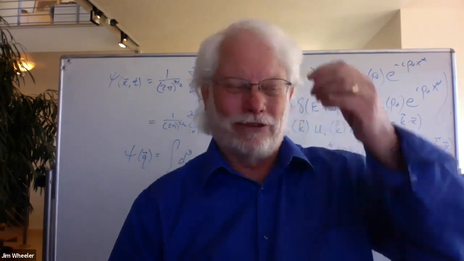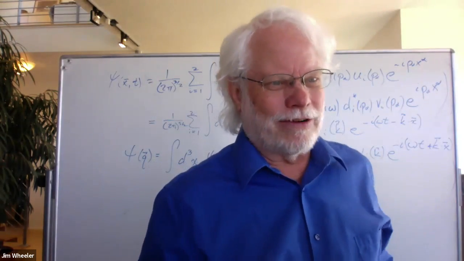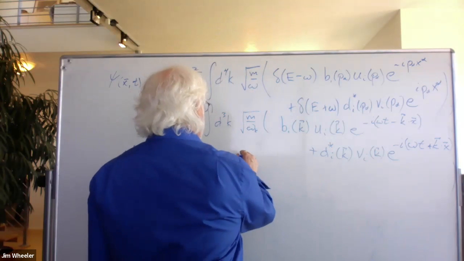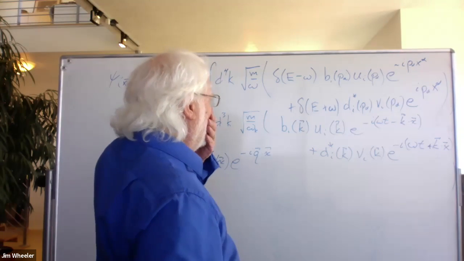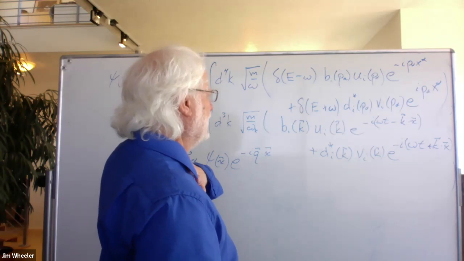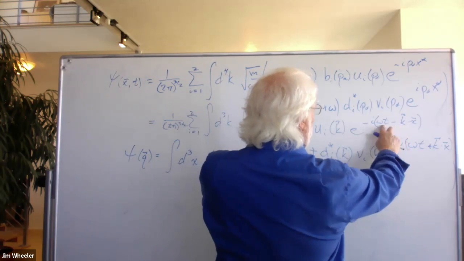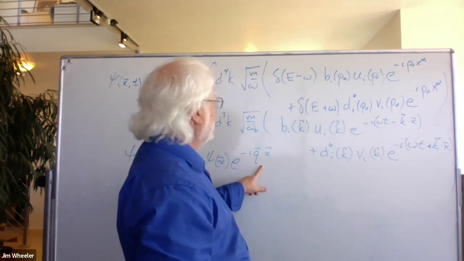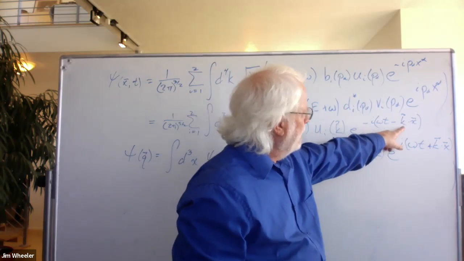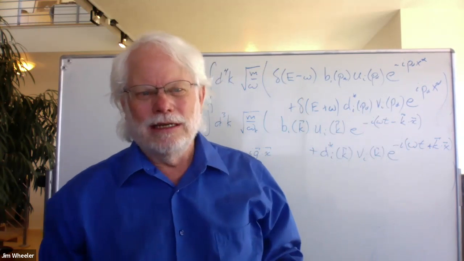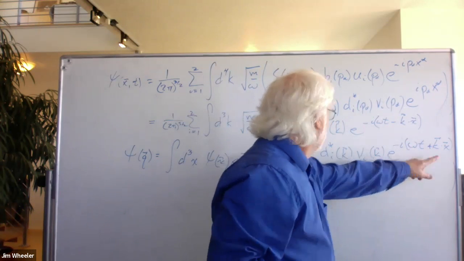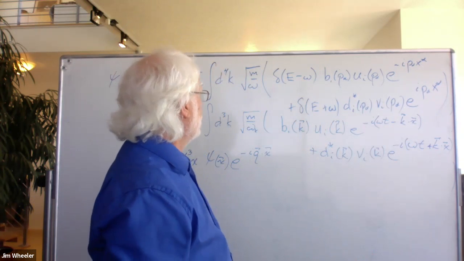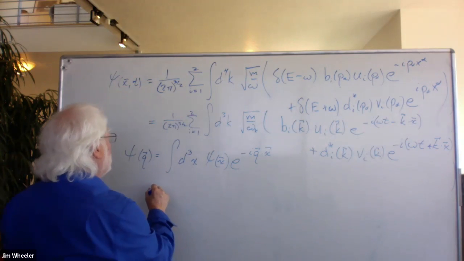Every time I write a Fourier transform, I'm going back and checking whether I need to be multiplying by e to the plus or e to the minus iq dot x. Yeah, that's going to work because here we have plus k, we're going to have minus q, so when we integrate over x, we're going to get a Dirac delta of k minus q here, and then down here we'll get a Dirac delta of k plus q.